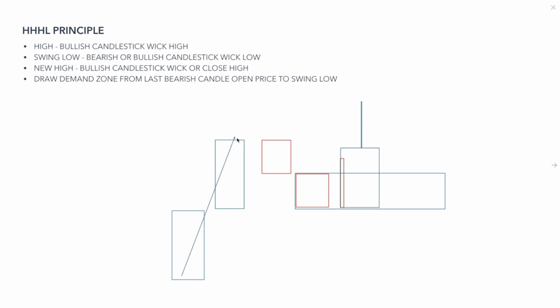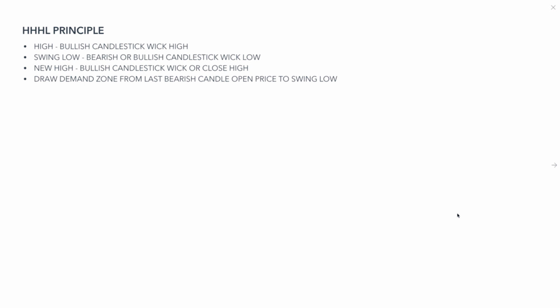Move up, move down, and it's got to close bullish. So a bullish candle that creates a new high, whether it's a wick or a close, and obviously wherever the lowest low on this swing would be. So those are the rules for drawing demand zones. As long as you follow this and keep that in mind, then you should be fine.